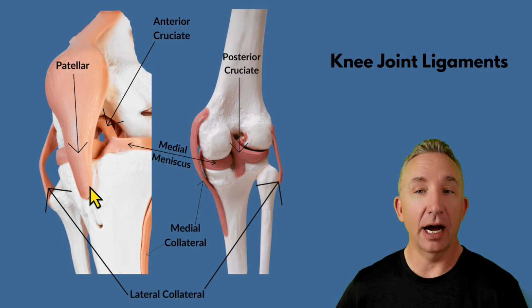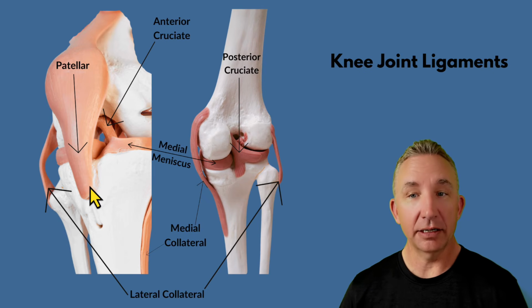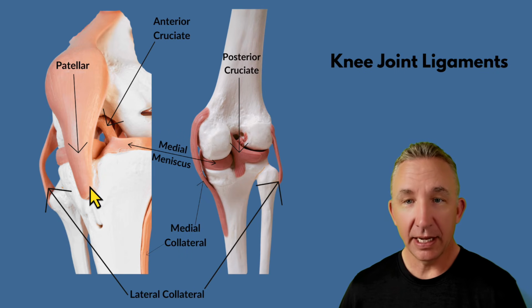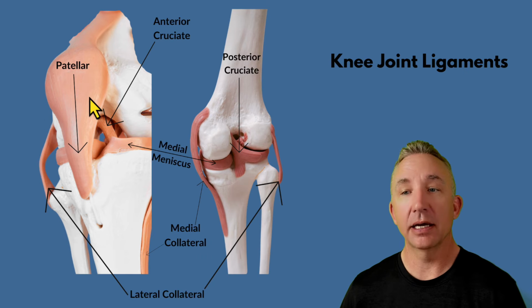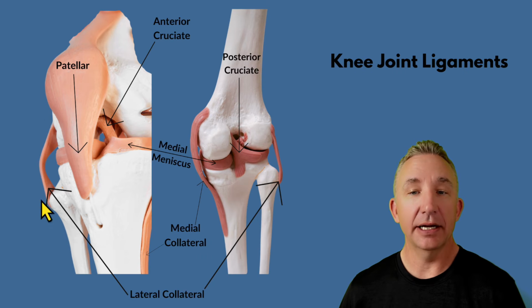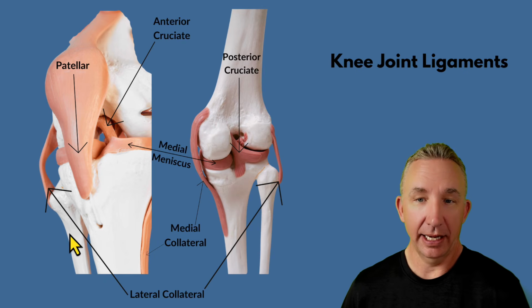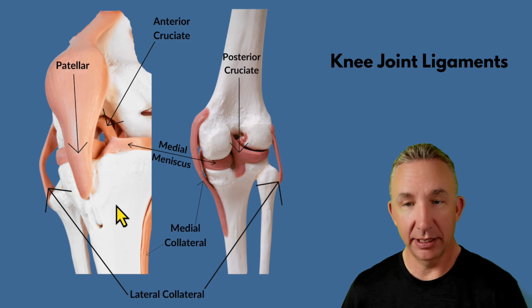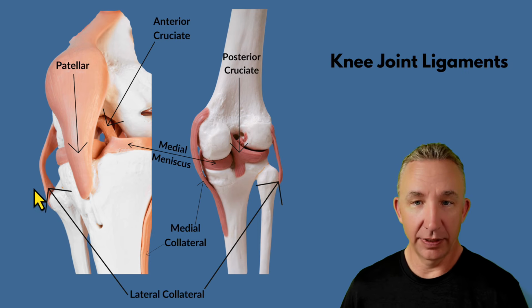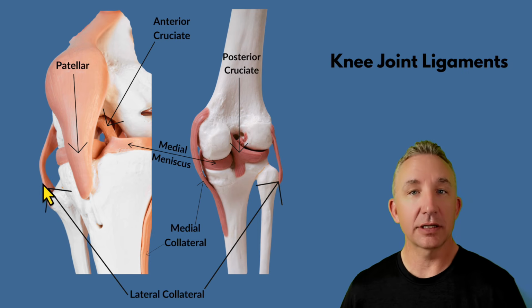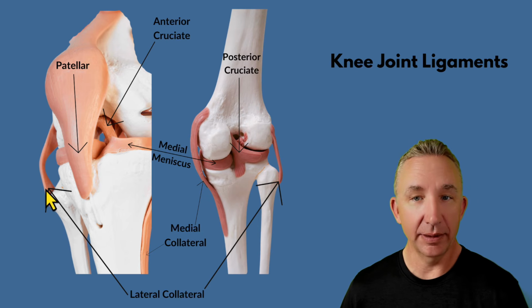When we look at either side, they are collaterally put together. This is a right leg, looking at both types. And I know this is a right leg because I see the fibula has to be on my lateral side in anatomical position. So my tibia is on my medial side. So this on the lateral side is called the lateral collateral ligament, as it comes up to both the femur and the fibula.